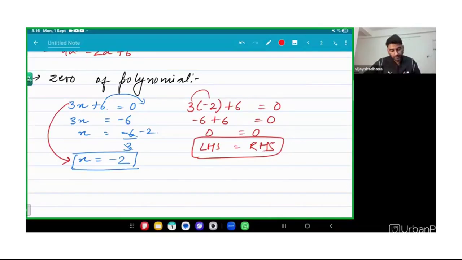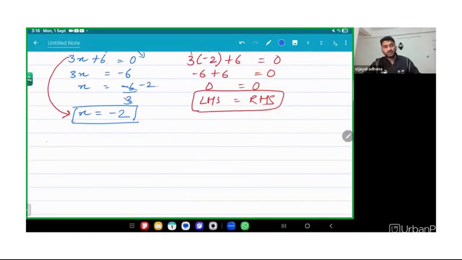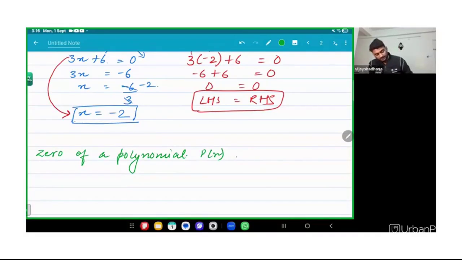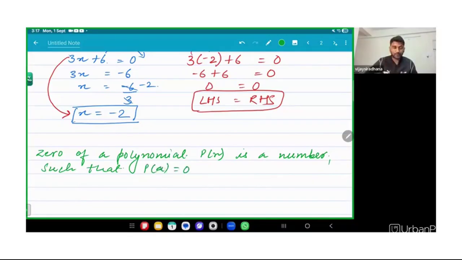Now for the definition purpose, you can write it down: the zero of a polynomial, where I am considering the polynomial as p of x, is a number a such that p of a is equal to 0. We are equating the polynomial with 0.